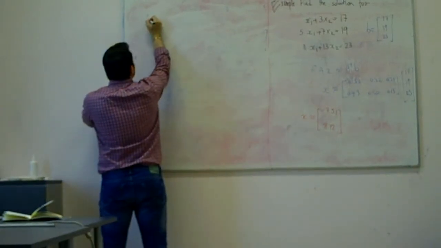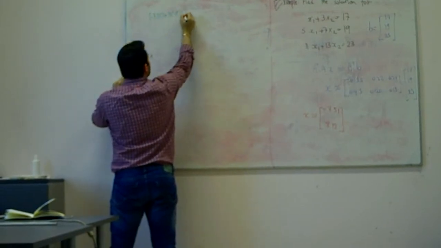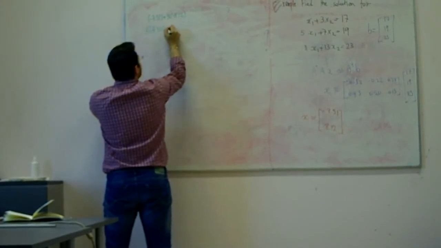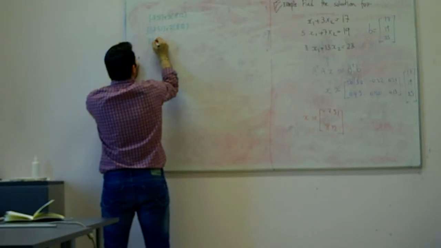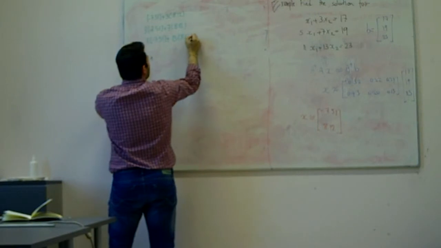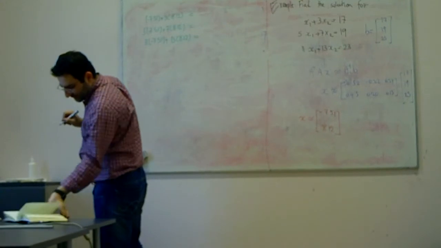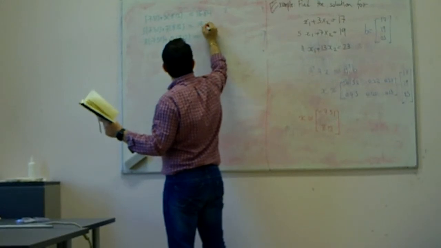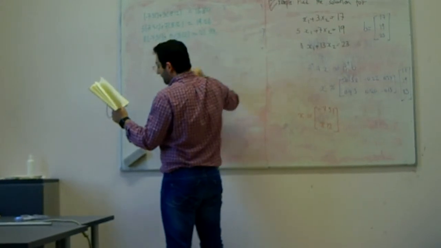I put minus 7.51 plus 3 multiplied by 8.12. 5 multiplied by minus 7.51 plus 7 multiplied by 8.12. 11 multiplied by minus 7.51 plus 13 multiplied by 8.12. And I get results of 16.84, 19.26, 22.89.